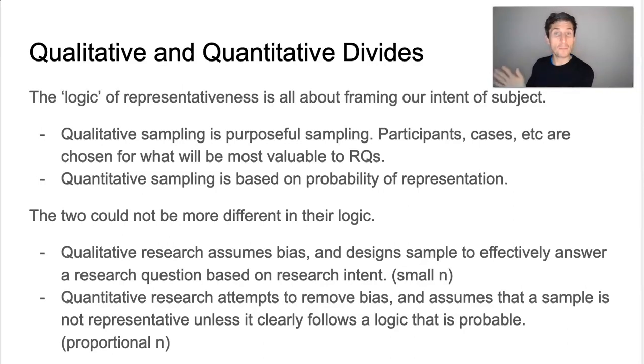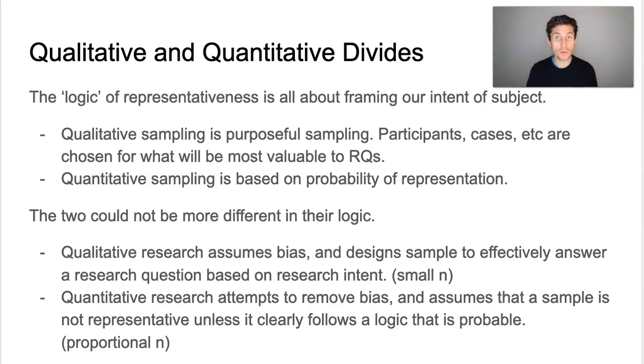So we have an ability to infer that a particular subpopulation or sample is going to give us representativeness of the broader population. So we can think about this in terms of a couple of examples, and we'll talk about those on the next slide. But I want to really put an exclamation point on the end of this difference between purposefulness and probability, because the two approaches to doing research, qualitative and quantitative, could really not be more different in their logic of sampling.